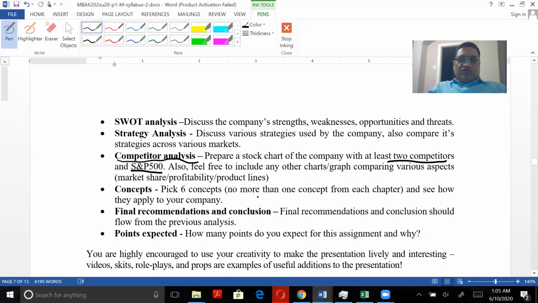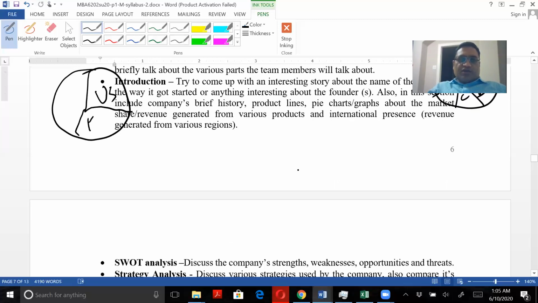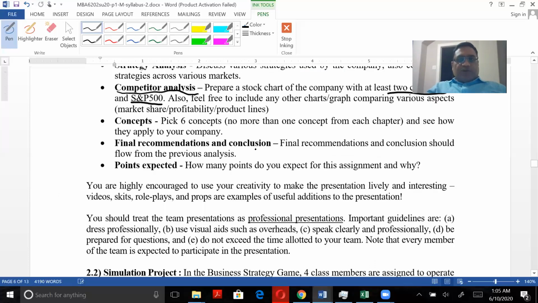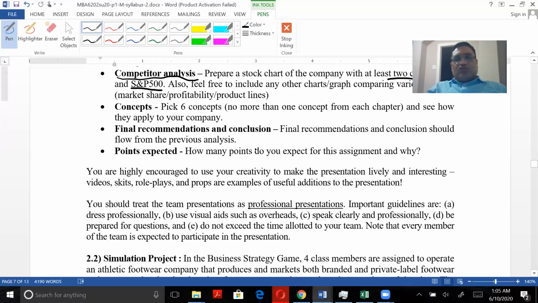So this is the conclusion part, and the introduction, are pretty good to make sure that you are recapping what you've said and highlighting the important parts. Okay. And the points expected. The reason I include this is so that you could look at what the syllabus is saying, and did you actually do it?